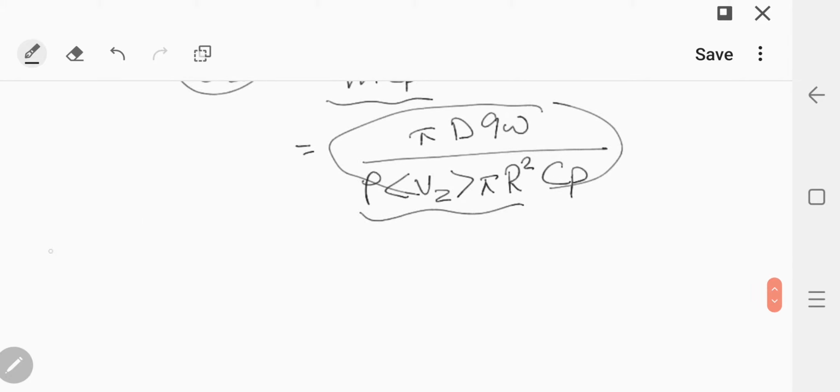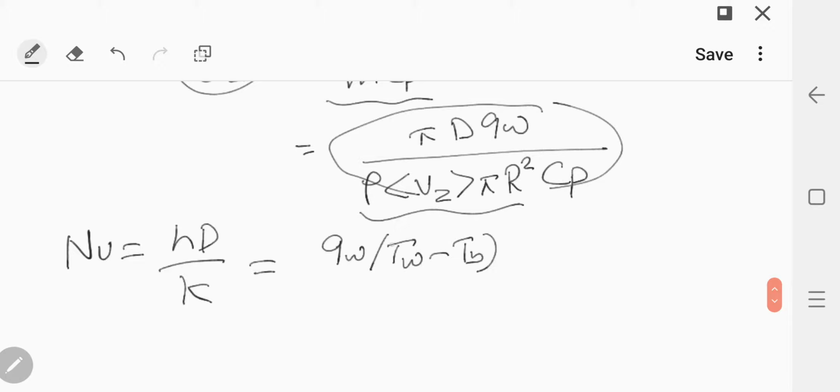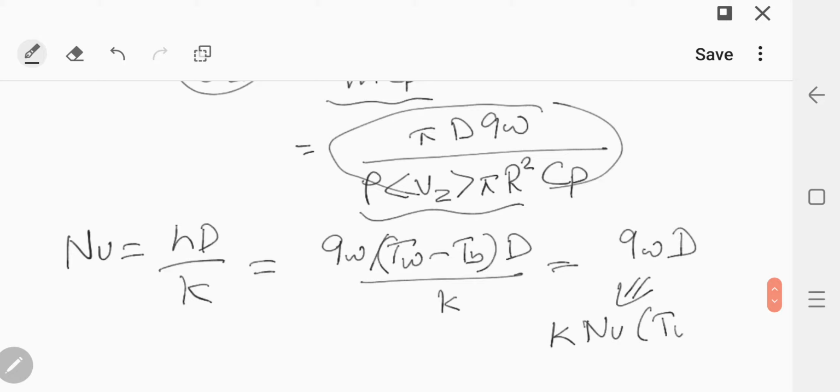Further, Nusselt number is hd by k, we all know. Now heat transfer coefficient is basically your flux divided by the temperature difference, into d by k. So that is Qwd can be written as k into Nusselt number into Tw minus Tb.